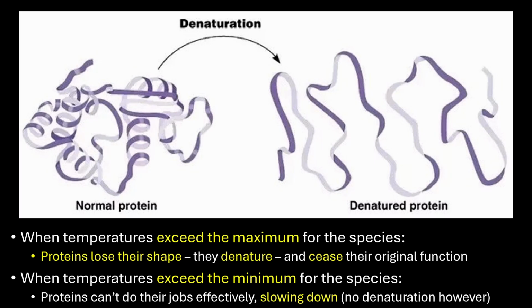So if they lose that shape, if the protein unfolds and becomes more like a ribbon, then that is really problematic for its function. It can totally destroy the function of that protein. This is a process we call denaturation. Denaturation just means losing the shape of that protein.